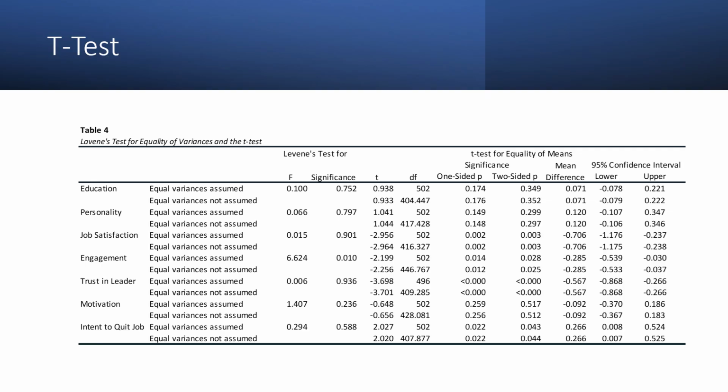The two-tailed p-score significance column shows that results less than 0.05 indicate averages that are statistically significantly different between men's and women's p-scores in the following categories: job satisfaction, engagement, trust in leader, and intent to quit job, with p-scores of less than 0.003, 0.025, 0.001, and 0.043.